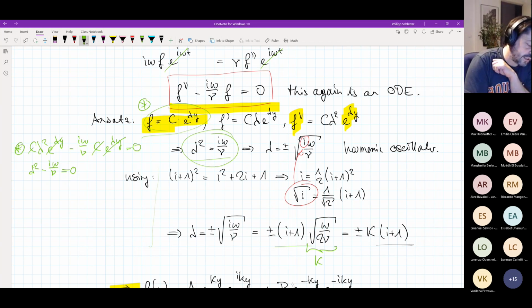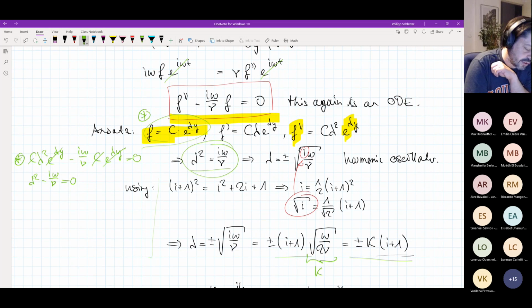What I did here was just reformulating this square root of i to make it a little bit nicer, so that I get in the end that this lambda is k, which we introduced. Where did we introduce that? Here we introduced k, which is the square root of omega divided by 2 nu times i plus 1. So this is then just my two lambdas.